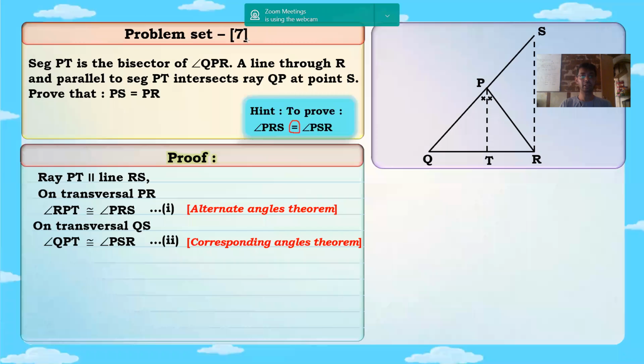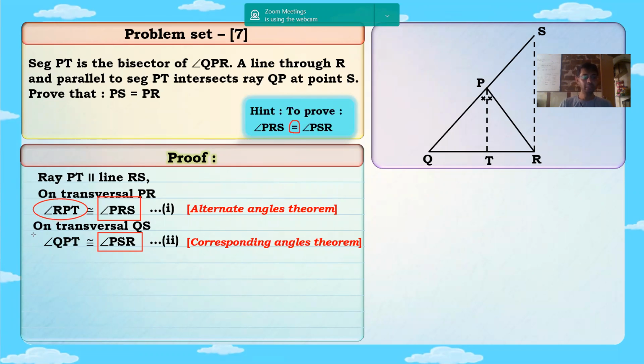Which two angles are they talking about? I'll just highlight. They say angle PRS should be congruent or equal to angle PSR. Now if you see, these two angles are on the right hand side. Now tell me, when can right hand sides be equal? When the left hand sides are equal. So let's check whether left hand sides are equal or not.